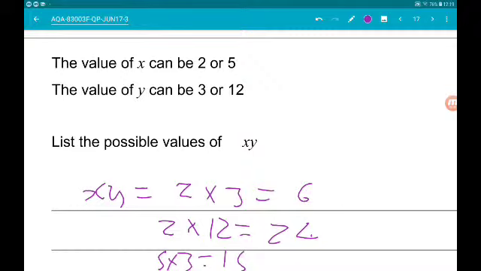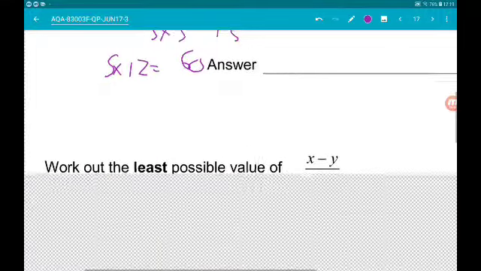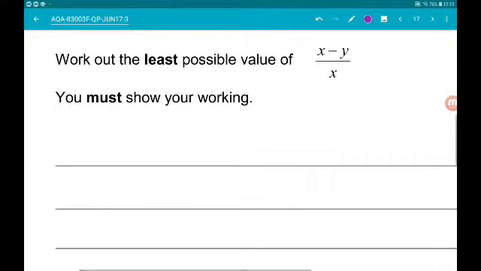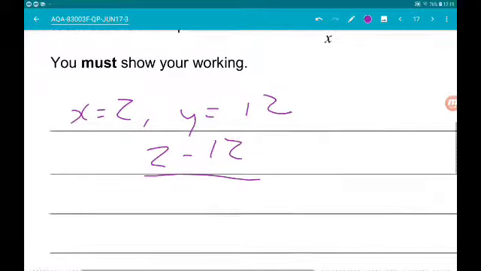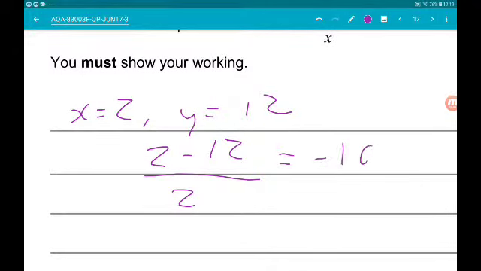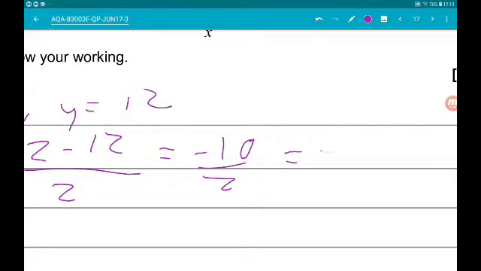So the way that we're going to do that is if we have x as 2 and y as 12. So that gives us 2 minus 12 over 2, which gives us minus 10 over 2, which gives us minus 5. Cool.